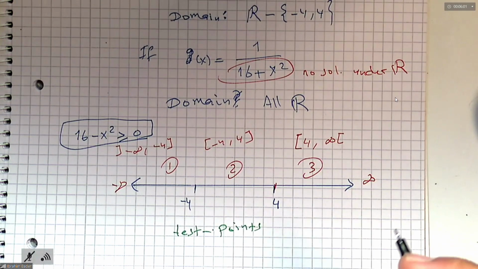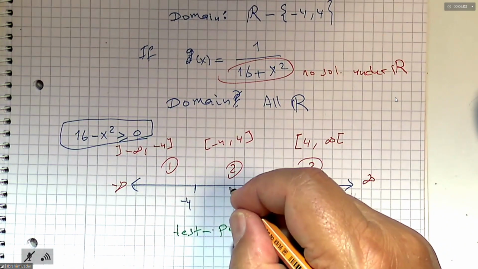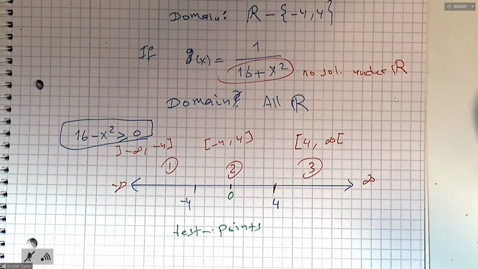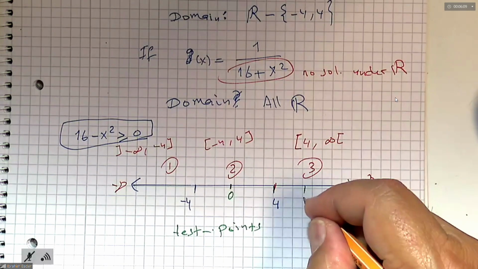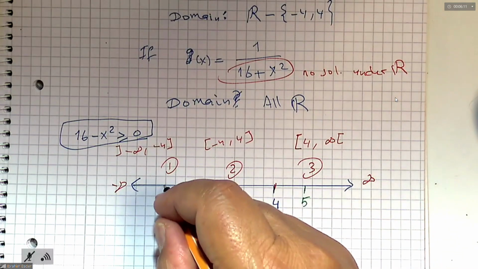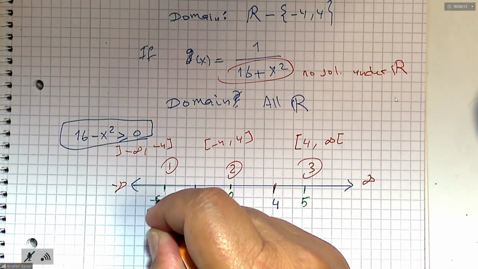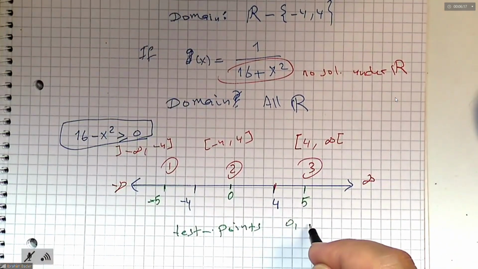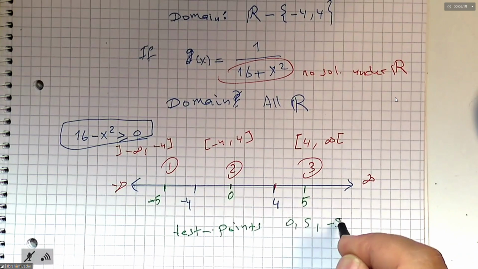But let's take the ones that make sense. Within this interval I definitely have 0, so I take 0. Here I have, let's say, 5, and here -5. So I take 3 test points: 0, 5, and -5.